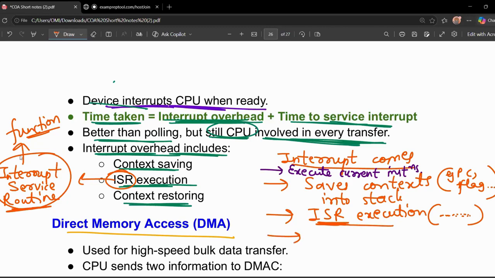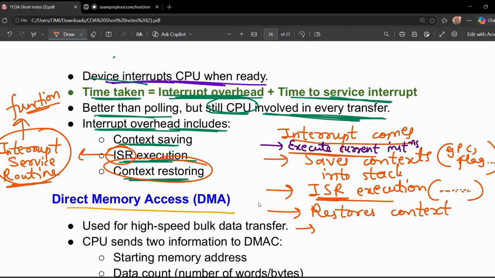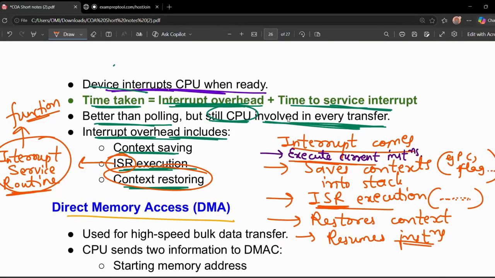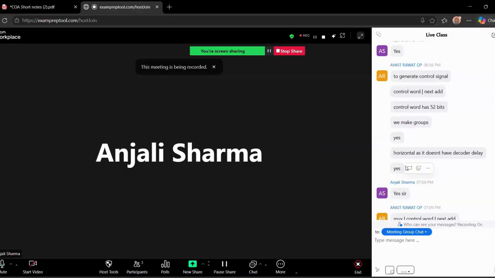Then you restore the context from the stack, because you have to resume the instructions, and you resume your execution. These are the high level steps for an interrupt.